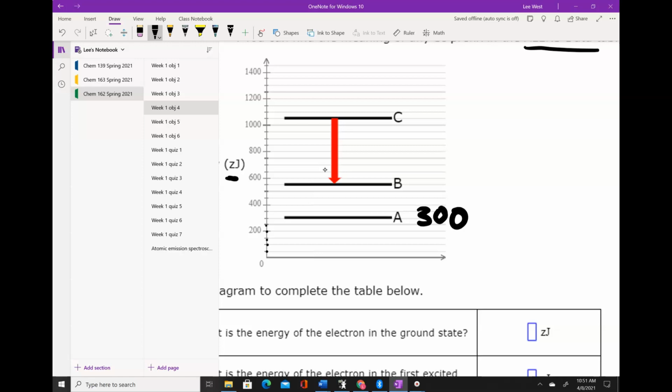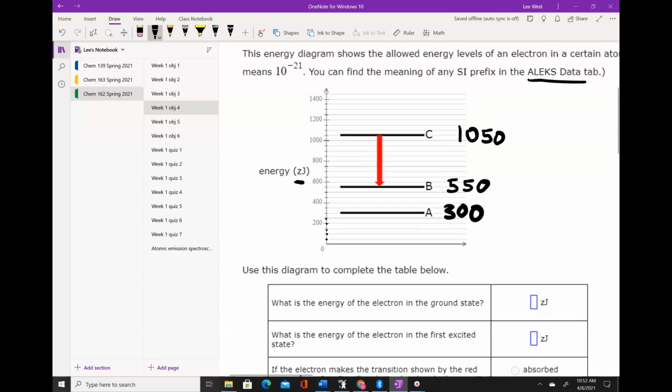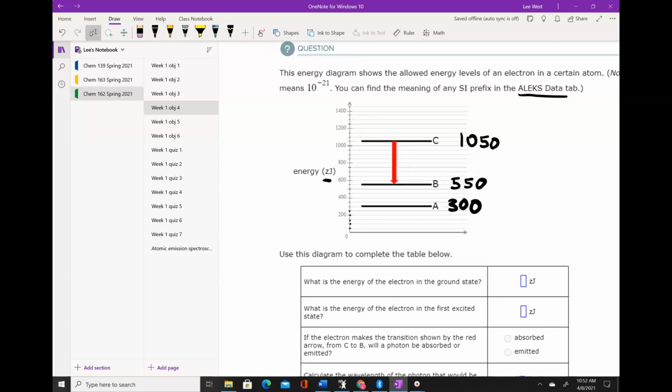And then we've got B here, and it looks like it's one line below 600, so that's going to be at 550 zeptojoules. And then there's 1,000, and C is one line above, so it's going to be 1,050 zeptojoules. Okay, so that's the energy of the different levels.